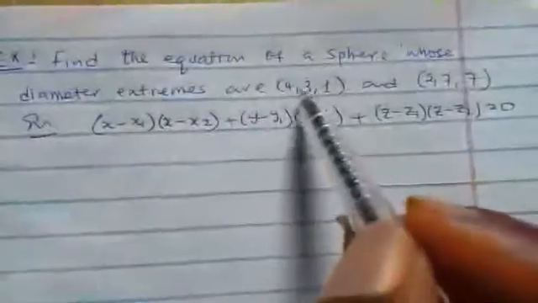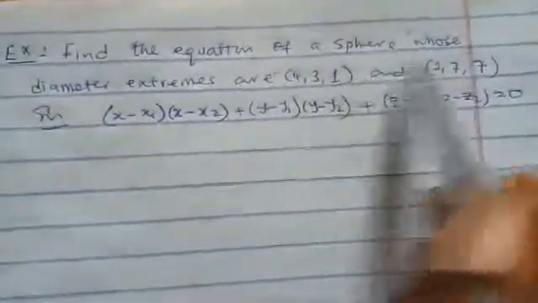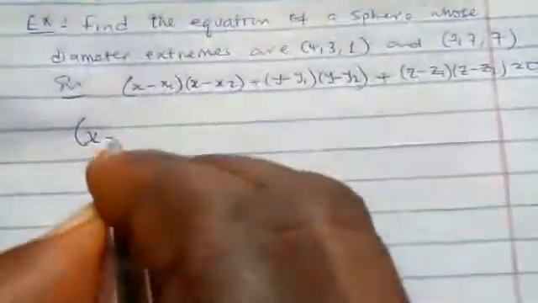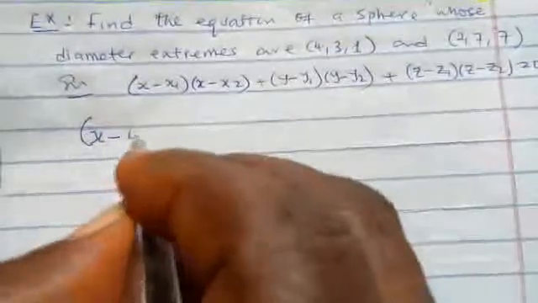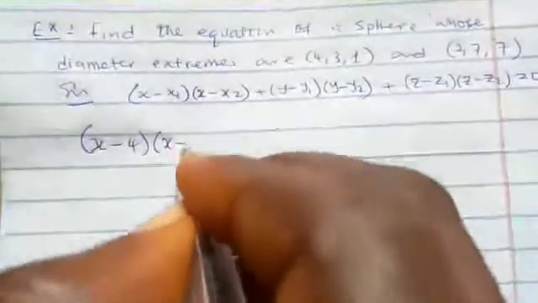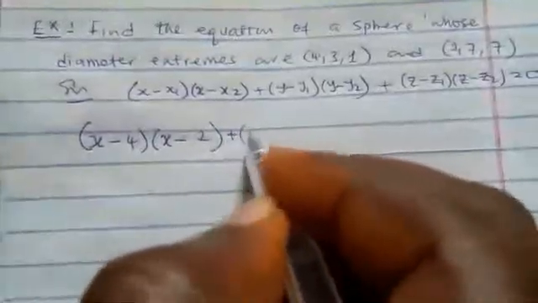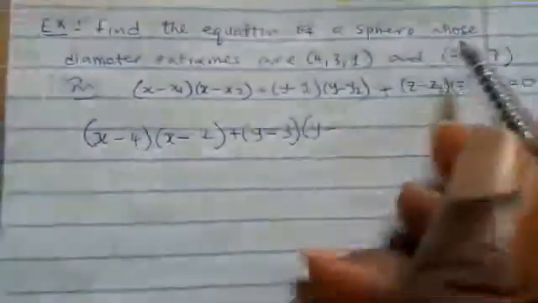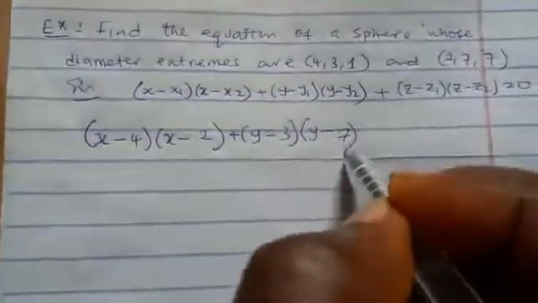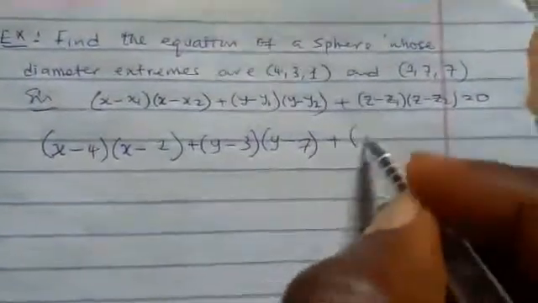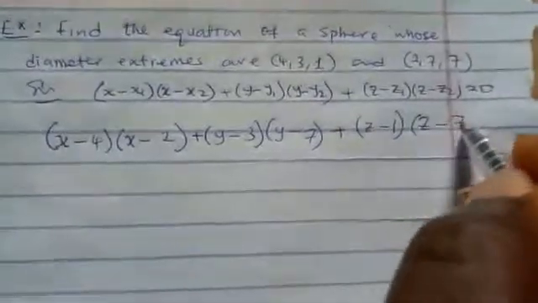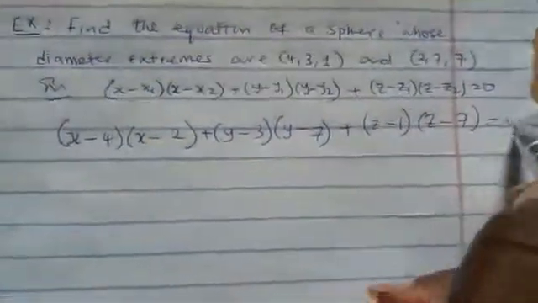Now this is our x1, y1, z1 and x2, y2, z2. Now what we are going to have will be x minus x1, our x1 is 4, x minus x2, our x2 is 2, y minus y1, our y1 is 3, y minus y2, y2 is 7, that is easily seen, z minus z1, which is 1, and z minus z2, and z2 is also 7, equal to 0.